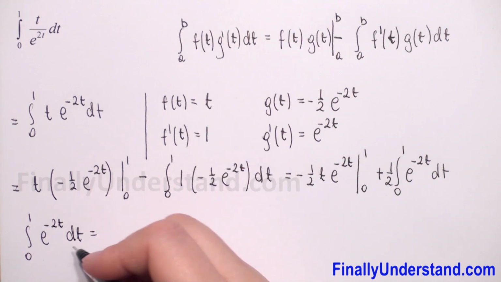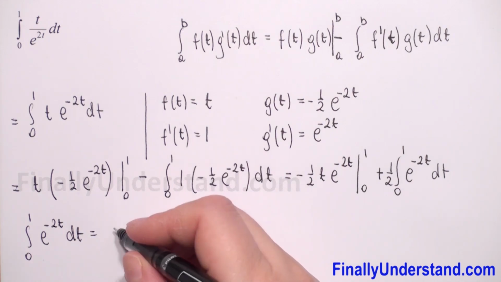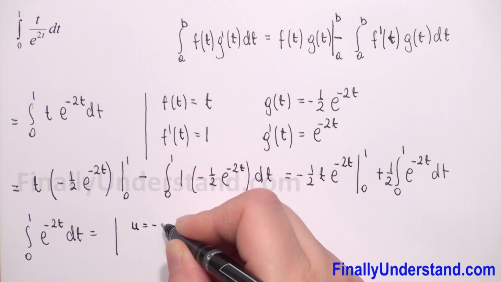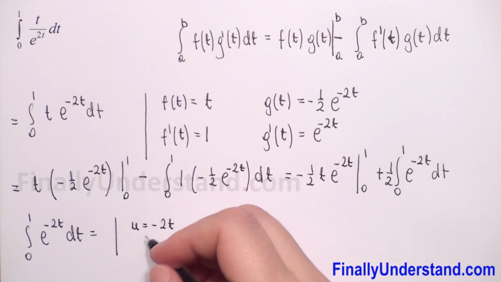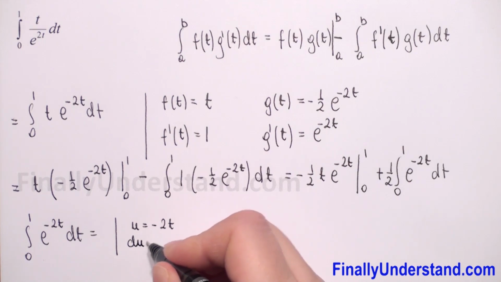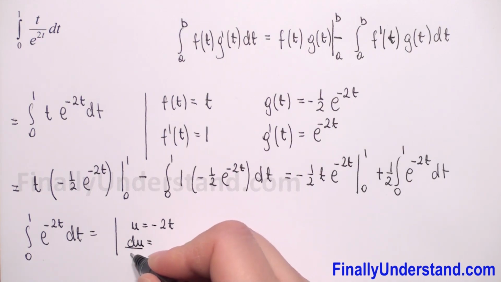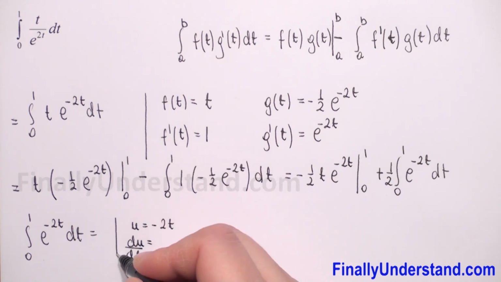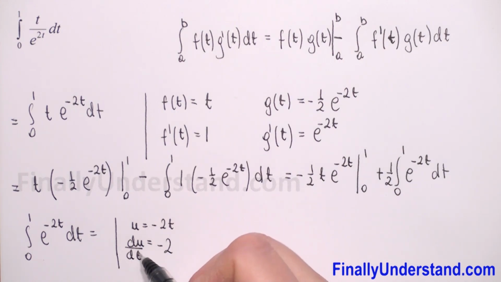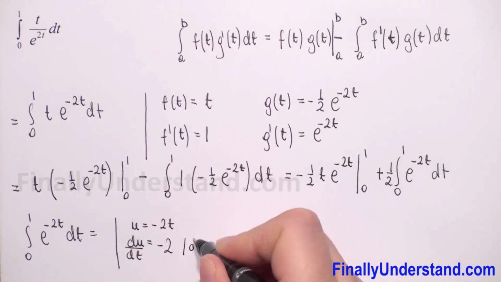To do this integral, we will use the substitution method. Let me put that u is equal to negative 2t. Now we need to find the derivative of both sides of our equation. So du is equal to, of course, dt times negative 2. Because we need to find du, I will multiply both sides by dt.